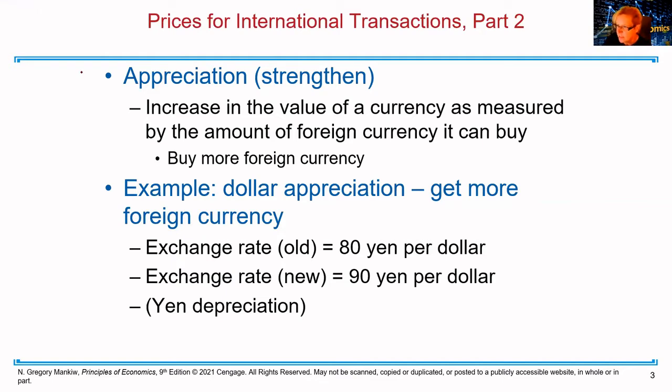And because we're in the United States, we tend to look at what the dollar is doing. If the dollar is appreciating, then we get more foreign currency. We said the US dollar was worth 80 yen. Now, if the new exchange rate is $1 is 90 yen, that means we're getting more yen for each dollar, which means the dollar is appreciating.